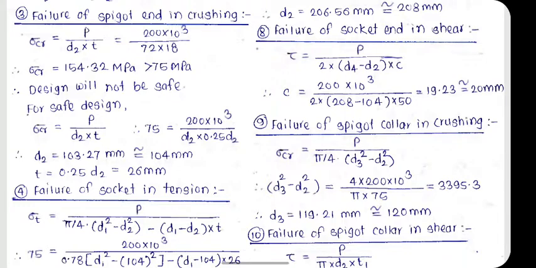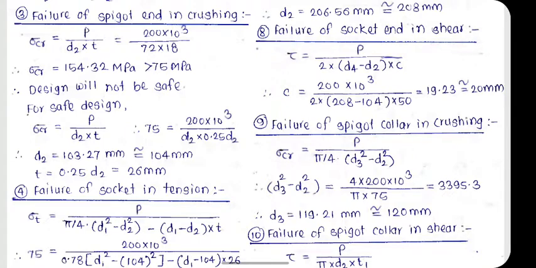So here the induced stress is 154.32 megapascal. So our given permissible crushing stress is 75 megapascal. As the value exceeds the limit, our design will not be safe, as the induced stress, 154.32 megapascal, is greater than 75 megapascal. So here the stress is exceeding, so the design will not be safe.